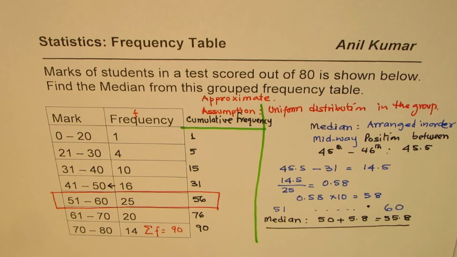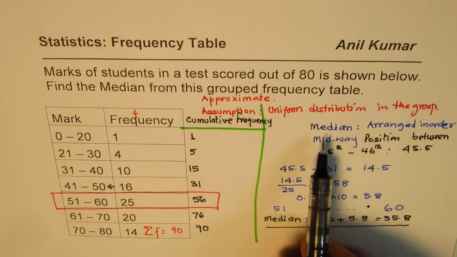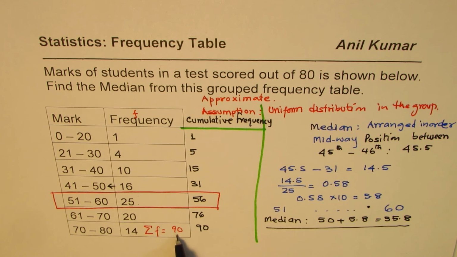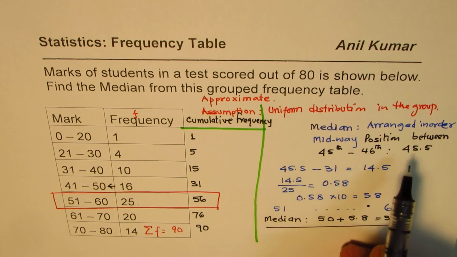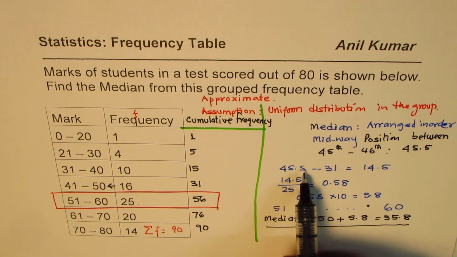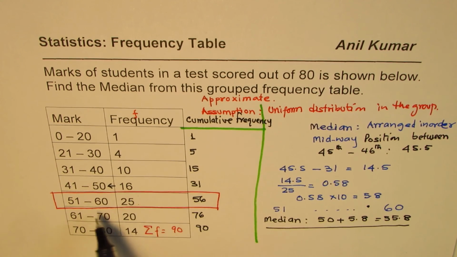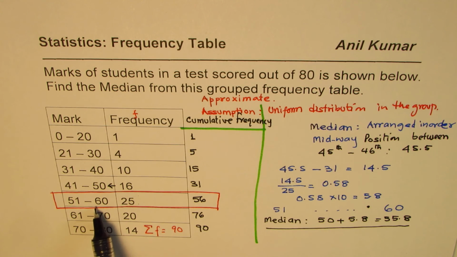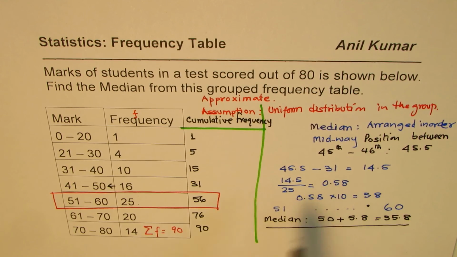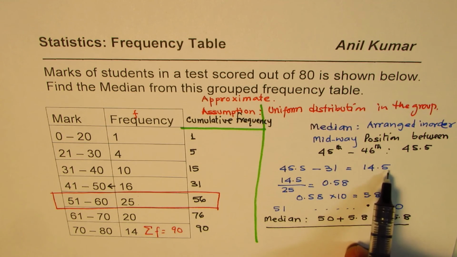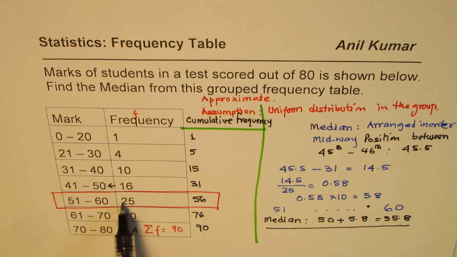I'd like you to go through this video and understand the concept. What we did was, we know the median is the central value, the total number of data elements is 90, and the center value is between 45 and 46, so it is 45.5. Since 31 are already in the previous groups, in the group which holds the median there are 25 elements and the position is 14 and a half within these 25 elements.